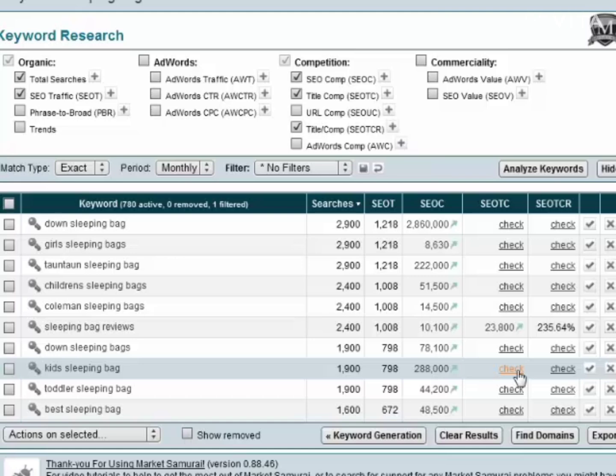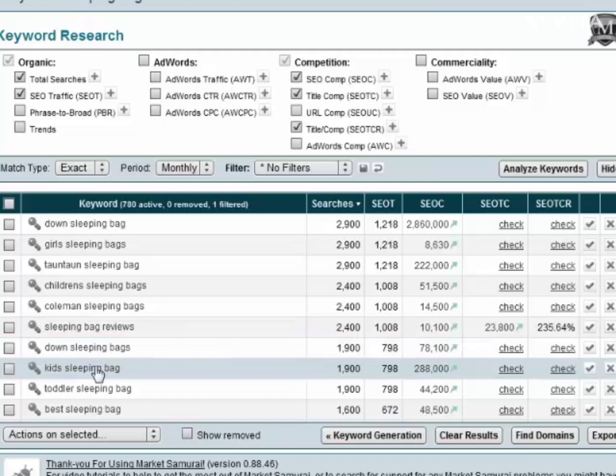Now, if someone is going online and typing in sleeping bag reviews, they're far into the buying process. They're not just looking for information. They're not just browsing. They're looking for reviews. They want to know which one they should buy. So that right there is a perfect term to go after.